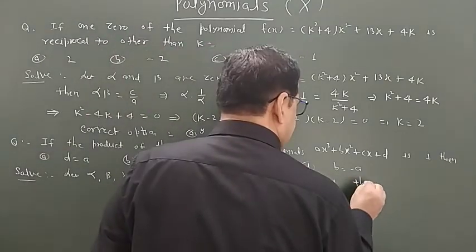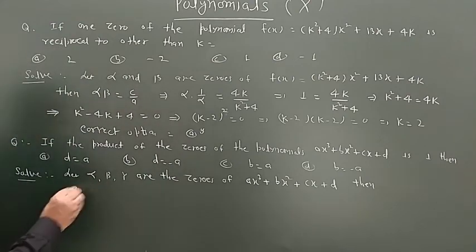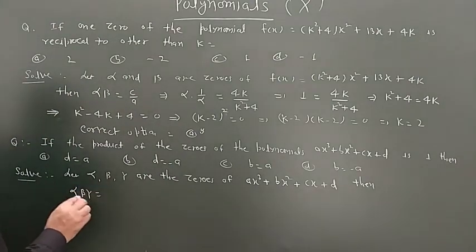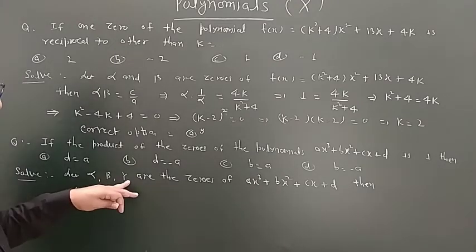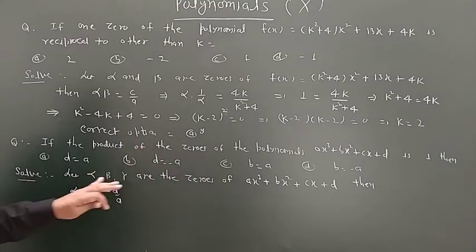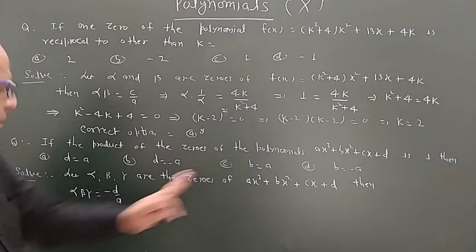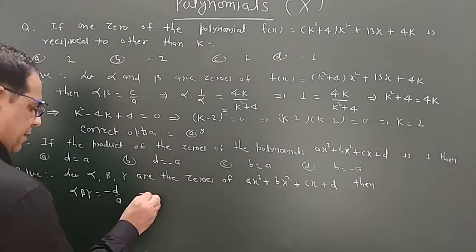Then alpha into beta into gamma is equal to minus d upon a. Because we know that we have three relations: alpha plus beta plus gamma equals minus b upon a, alpha beta plus beta gamma plus alpha gamma equals c upon a, and alpha beta gamma equals minus d upon a.